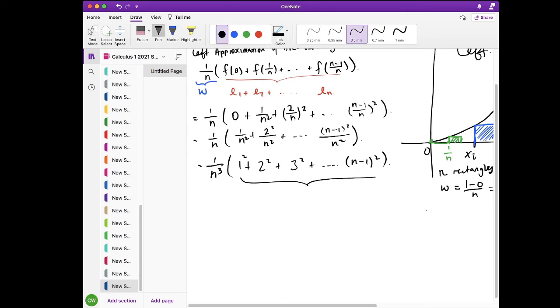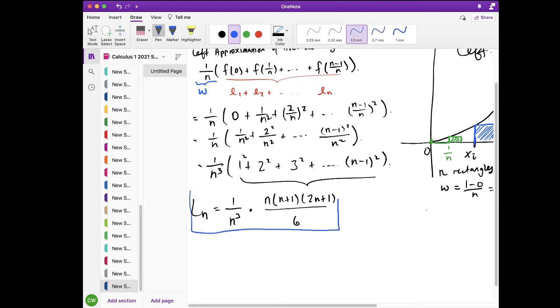Last time we established a formula for that. The sum of squares is n times n plus 1 times 2n plus 1 over 6. It's a very handy formula because now we have a nice expression of the area of a left rectangle approximation just in terms of n.